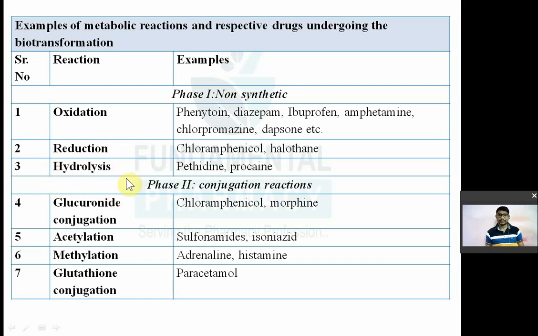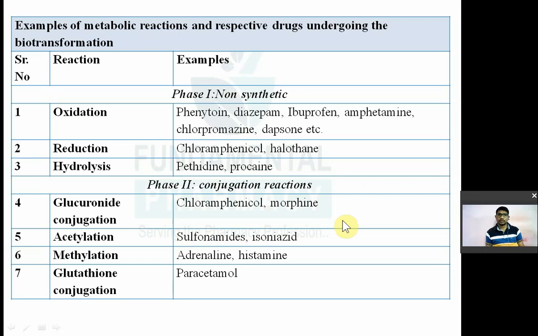Phase second reactions are known as conjugation reactions or synthetic reactions. These include glucuronide conjugation, acetylation, methylation and glutathione conjugation. Remember, the most common phase second reaction is glucuronide conjugation, while oxidation is the most common phase first reaction.